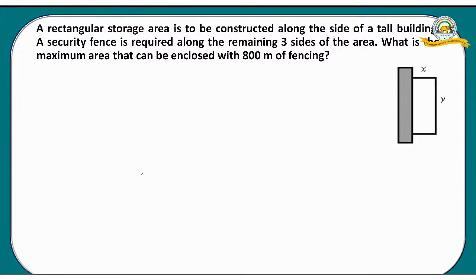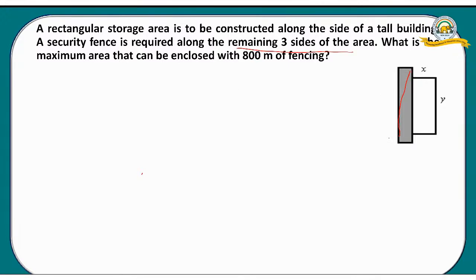Here, if you read the question carefully, a rectangular storage area is to be constructed along the side of a tall building. So now you have considered this is the tall building. And a security fence is required along the remaining 3 sides of the area.